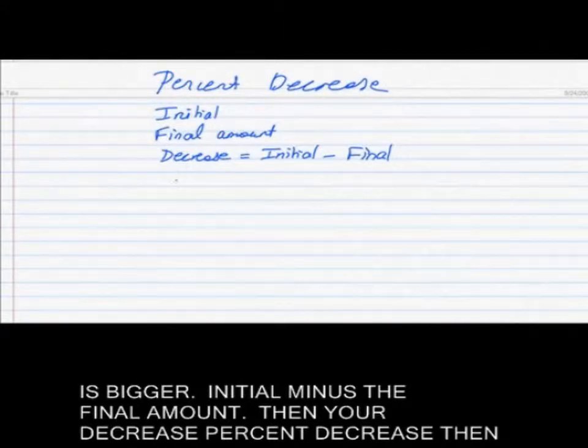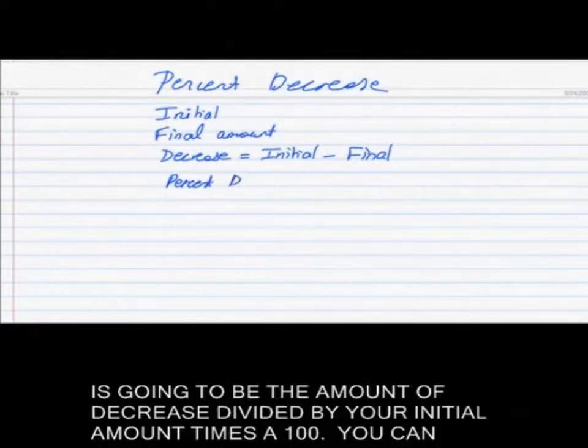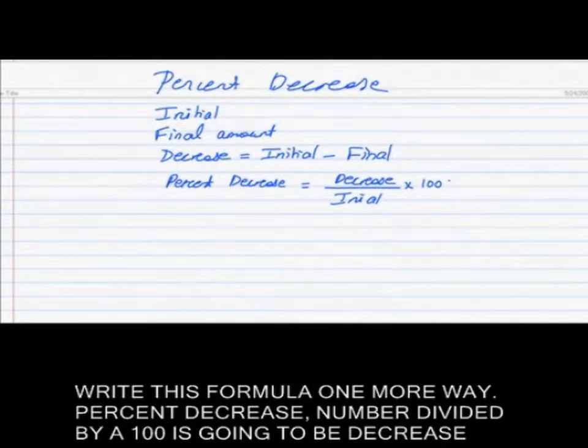Then your percent decrease is going to be the amount of decrease divided by your initial amount times 100. You can write this formula one more way.